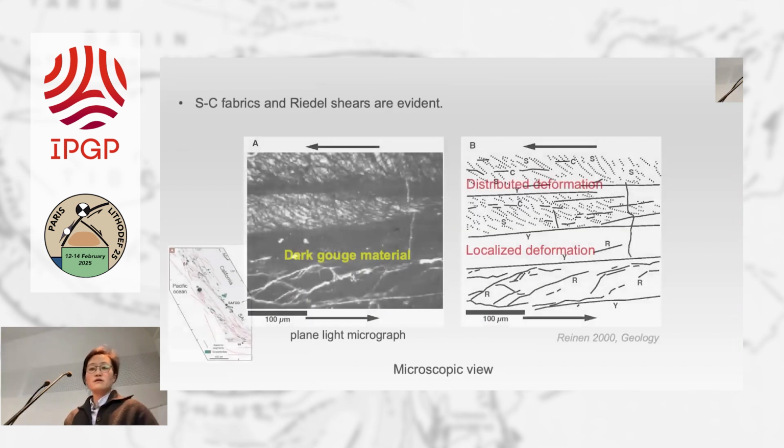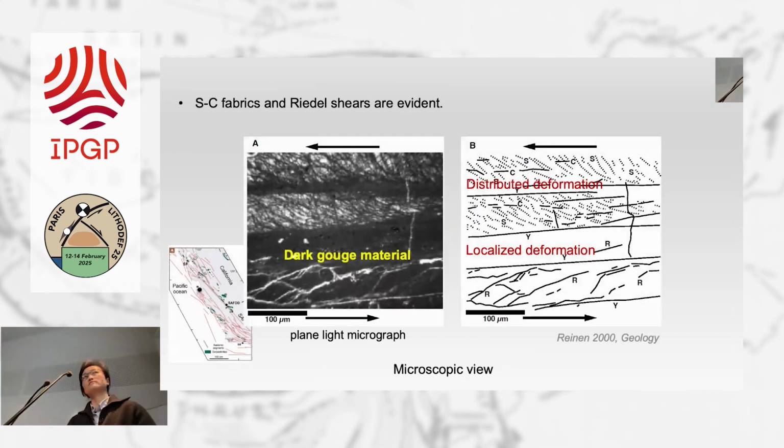On the other hand, René also collected serpentinite samples at Monterey County, California, which is in the creeping section. They observed the distributed deformation with the SC fabric cut or separated by this kind of dark gouge material, where there is localized deformation.